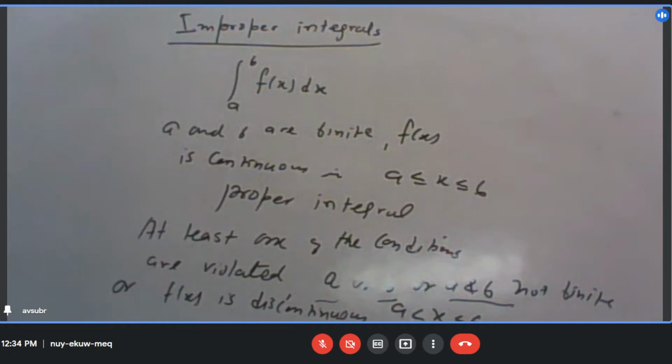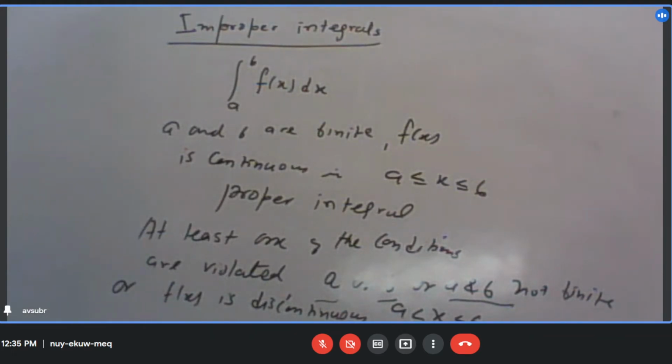That point could be A, that point could be B, or that point could be some other point C, which is in between A and B. Somewhere within this range, at that point, this function is discontinuous. That is, it has, let us say, singularity.